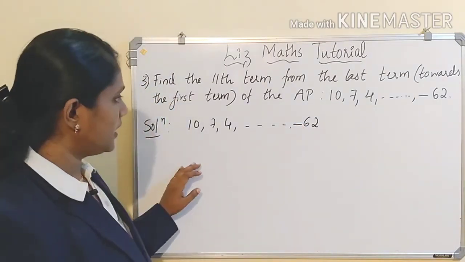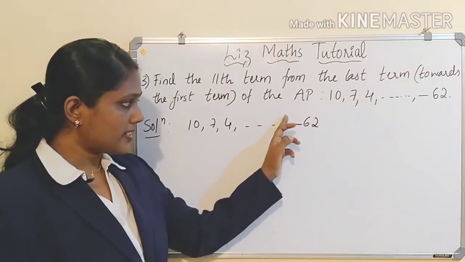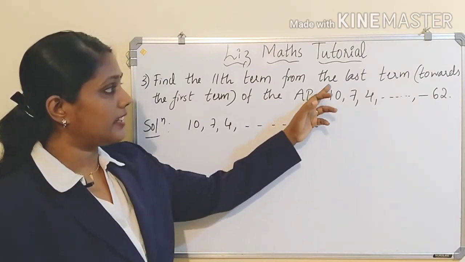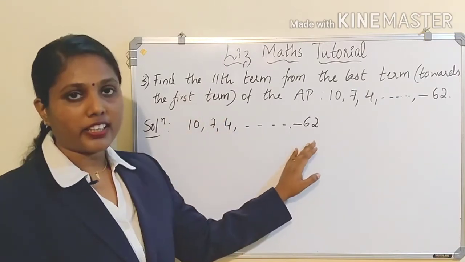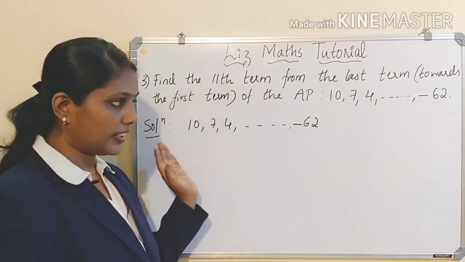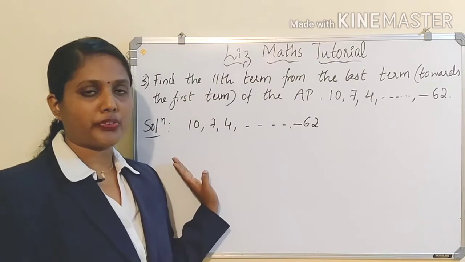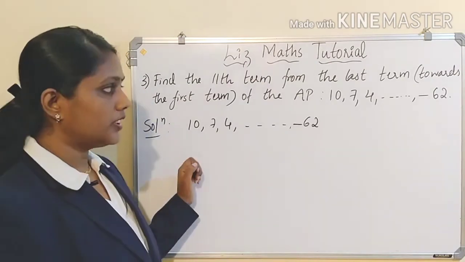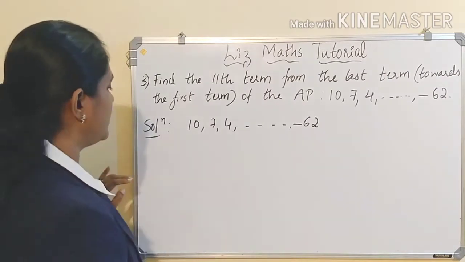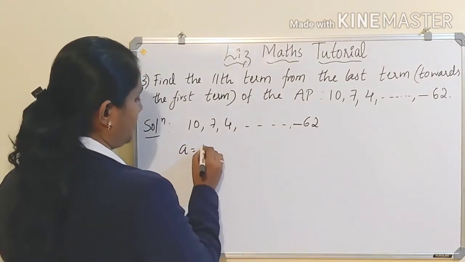So here you can see that this minus 62 is the last term, towards the first term. See here, if you write this in a reverse way also, you can find it out using the formula. So here what is given? The first term a is equal to 10.